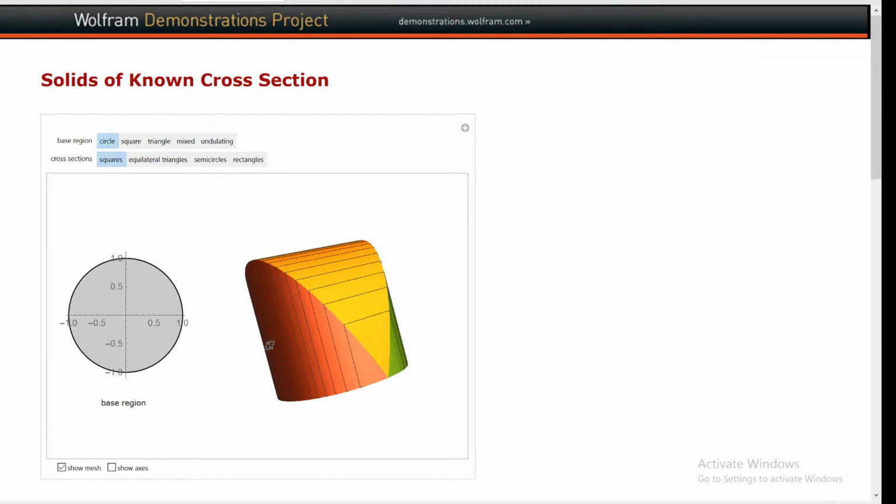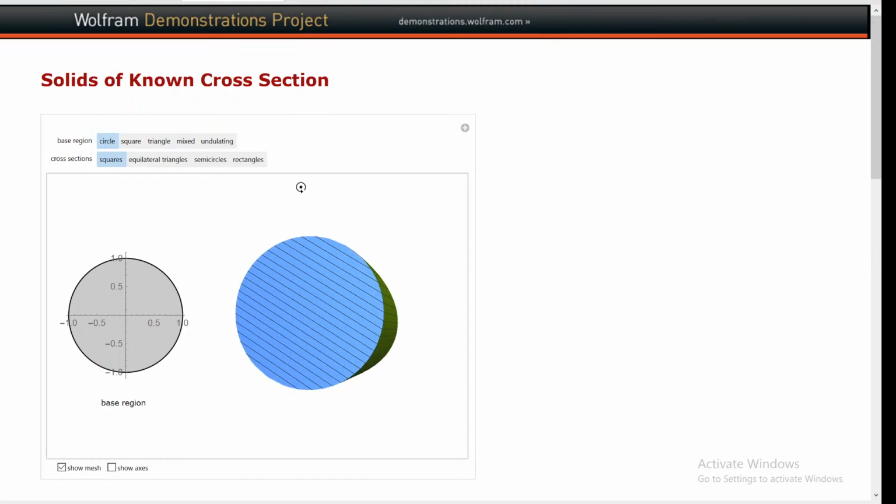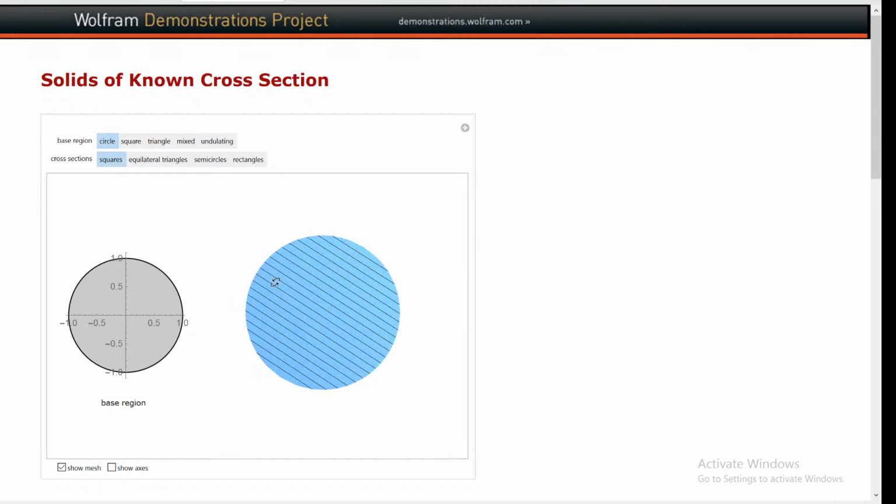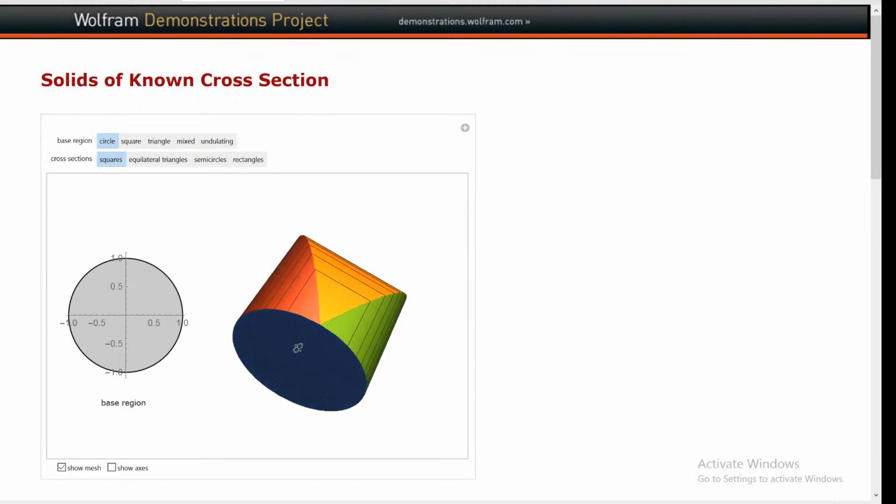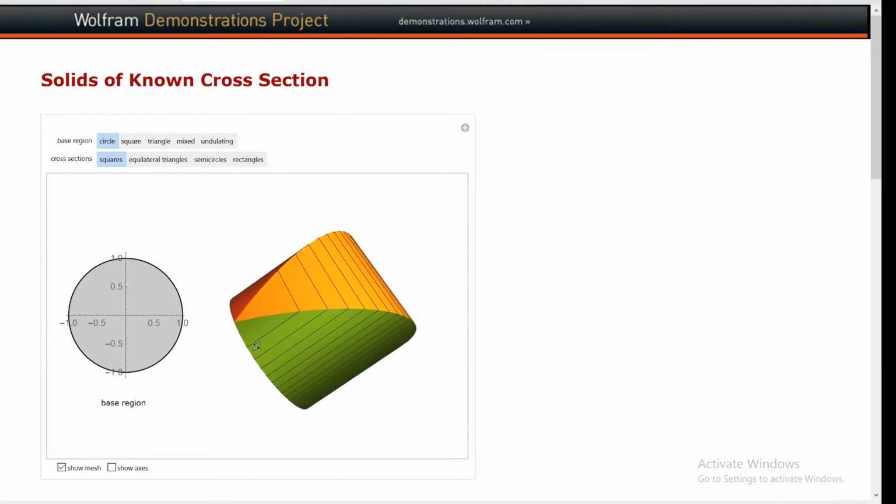So we are not rotating here, correct. What we are doing is just putting a shape up into 3D. So I'm taking this base, which is a circle, and for every width of this base here, I'm making a square that goes up. And this shows a finite number of cuts, like 15 cuts or something. But in reality, when it makes the shape, there's a roughly infinite number of cuts, which is why it has smooth edges like this.